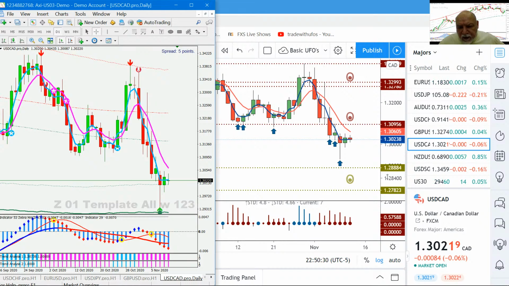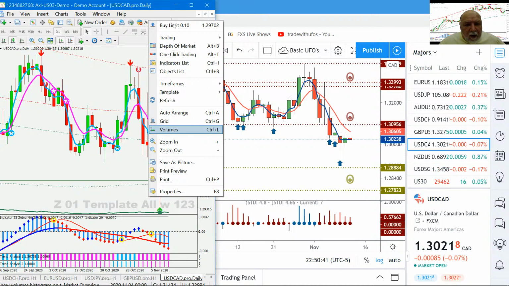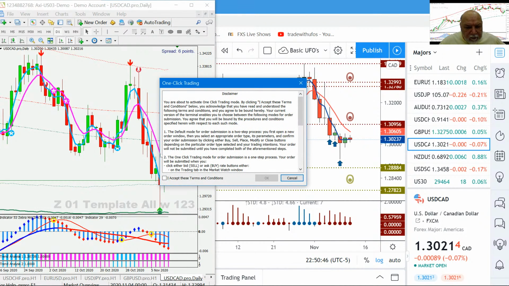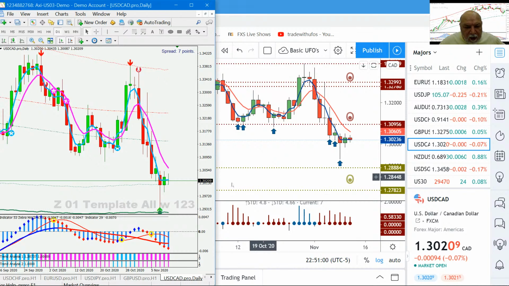I'm going to go to 1.2750 here. Buy limit. Got a new setup here. Okay. My buy limit.